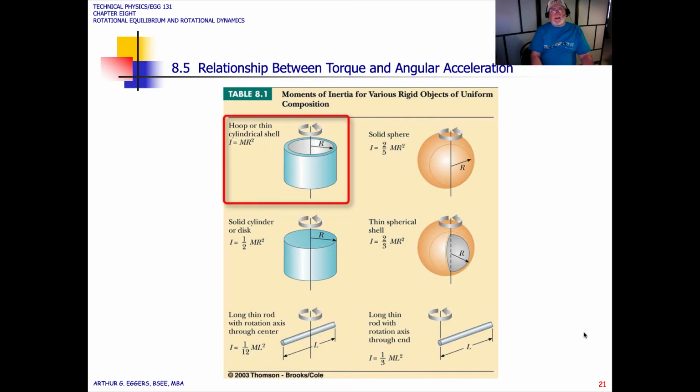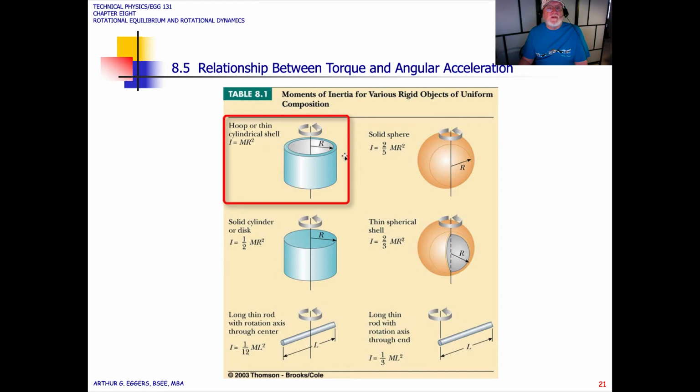So as I said, the value of I is based upon the geometry. What does the object look like that we're trying to determine the torque or the moment of inertia for in a given problem? So we have to be careful when we're solving problems that we choose the right value for I, the moment of inertia, based upon the geometry.